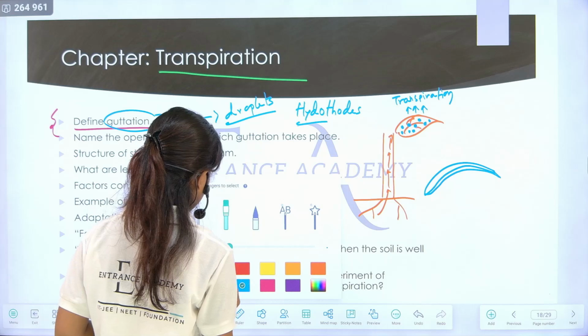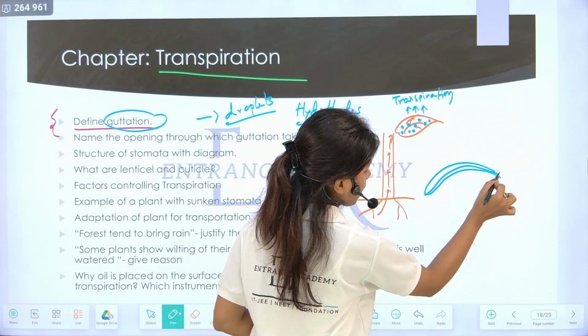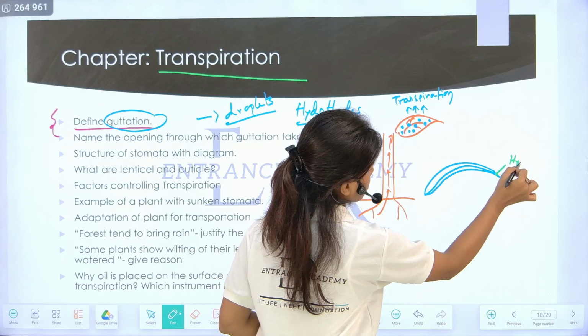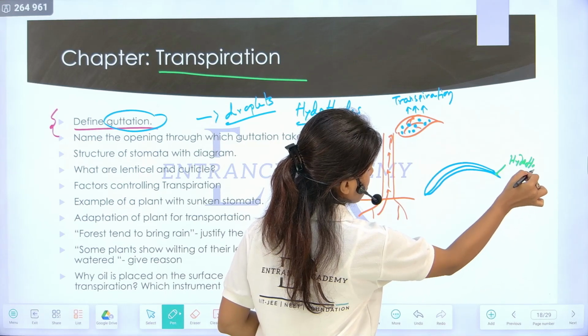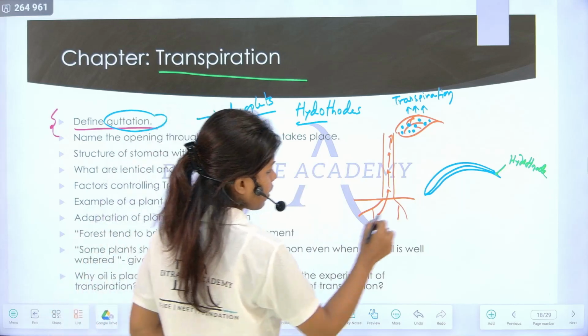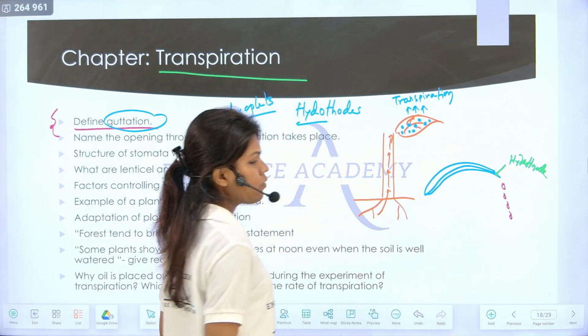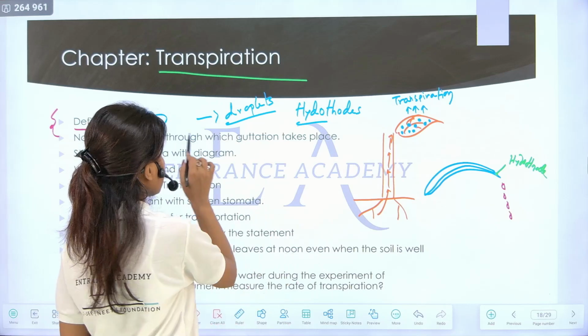Its margin contains a single opening, this type of opening. These are known as hydatodes. And from hydatodes, the water molecule will be released drop by drop in the form of droplet, and this is known as guttation.